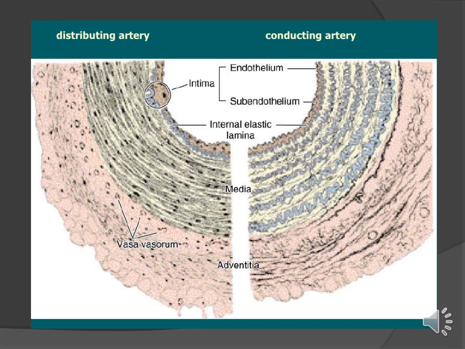The tunica adventitia of the elastic artery contains more elastic fibers. Both contain connective tissue.